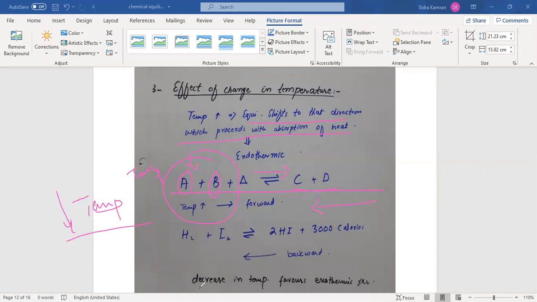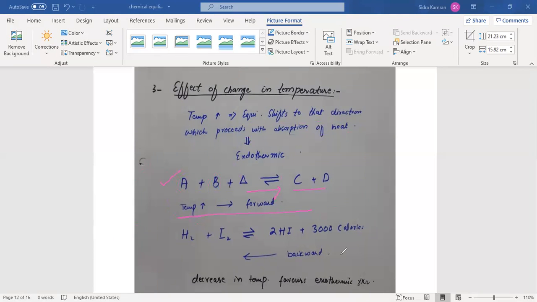So decrease in temperature favors exothermic reaction, and increasing the temperature favors endothermic reaction, depending upon whether the reaction is endothermic or exothermic. So consider that this reaction is endothermic. If you are increasing temperature, it will move forward because it needs the temperature to make a product.